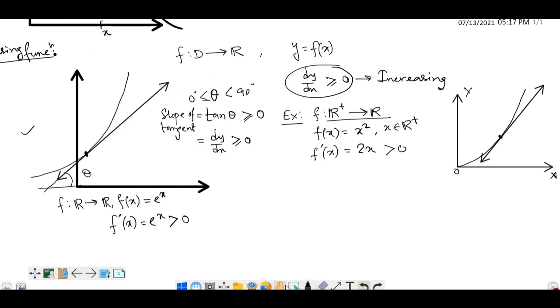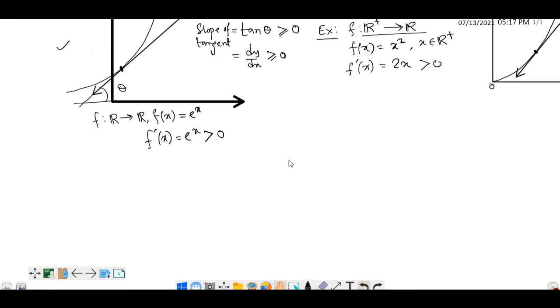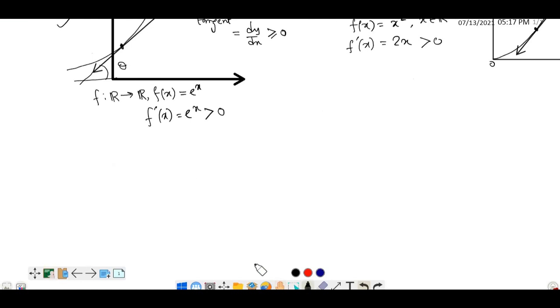In the same way, we will be able to define the decreasing functions. So if you see the function f from R minus 0 to R, f(x) equal to 1 by x, what is the derivative? f dash x equals minus 1 by x square. And this x square is always greater than 0.